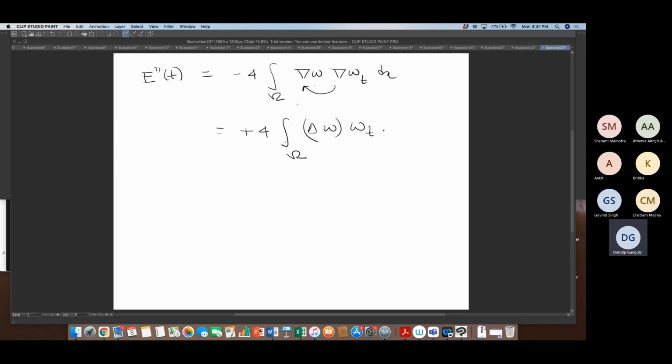Why is there no boundary term? You know why there is no boundary term. And what is Wt?